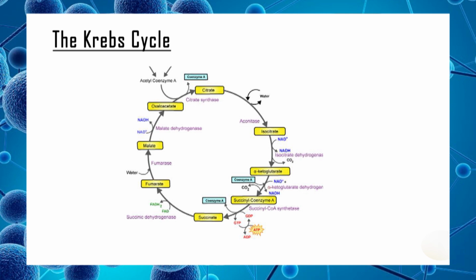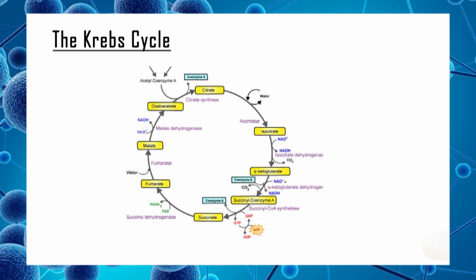Coenzyme A joins the remaining 2 carbon atoms, forming acetyl coenzyme A. Now, acetyl coenzyme A is added to a 4 carbon compound to make 6 carbon citric acid.